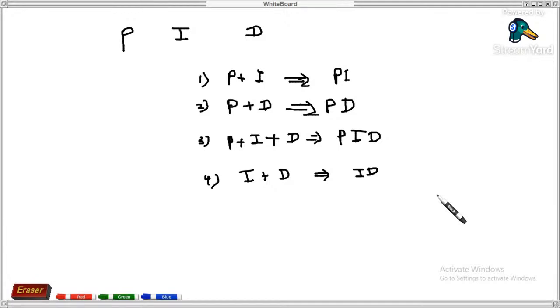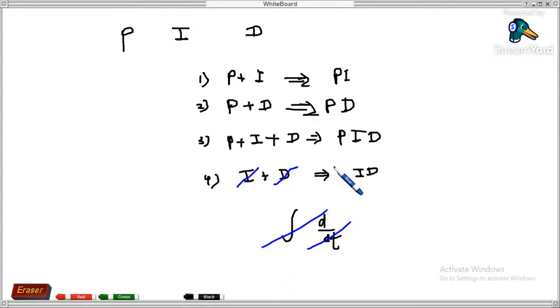Fourth one, that is I plus D controller, because integral action and derivative action are both opposite, right? They will cancel out each other. If I am using I plus D controller, the actions will get cancelled out with each other. You will not get any output.